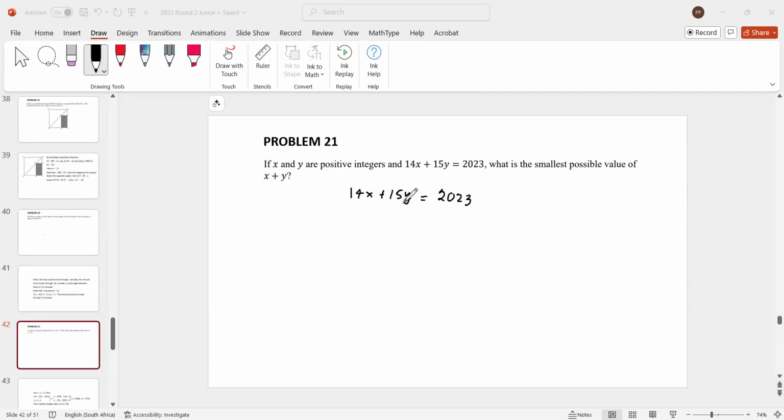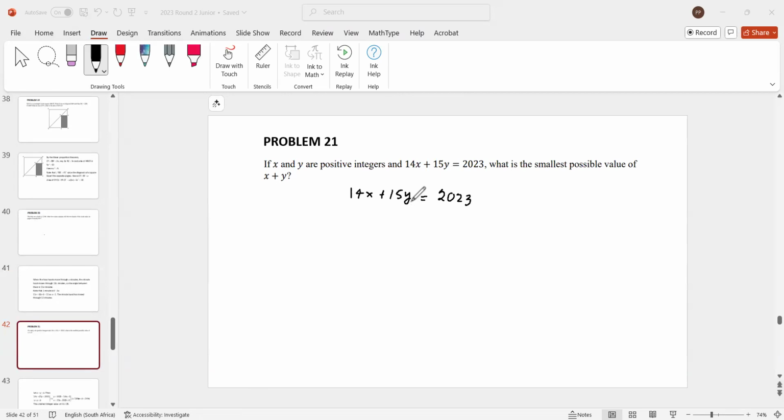Okay, so now that's quite tricky. We don't even know what the x and the y is, and this is quite a big number. You can try various numbers, but you want the smallest possible value of x plus y. You can try x equals 1, x equals 2, and so on, but you've got a very big number here.